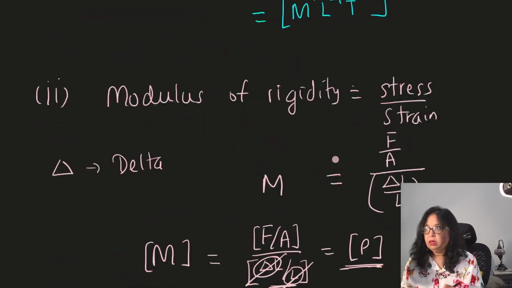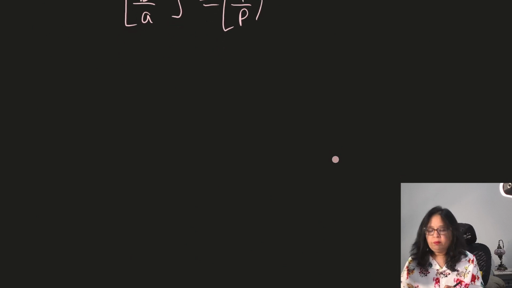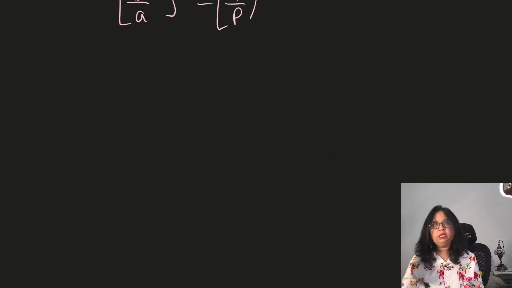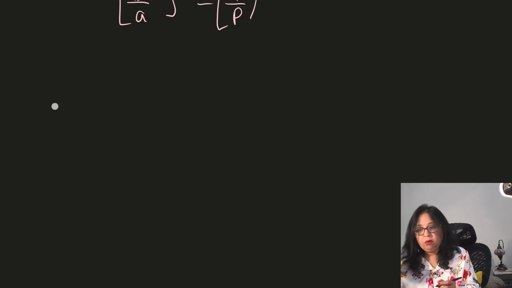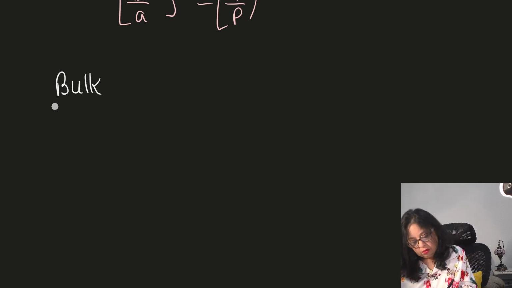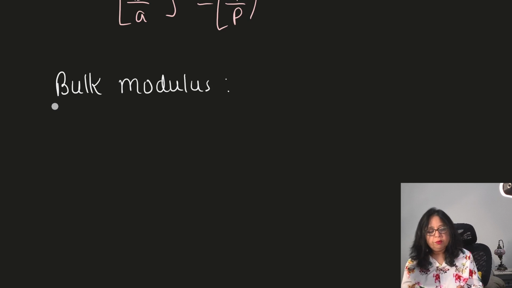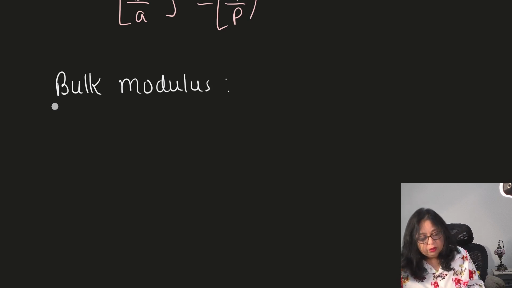I understand that you have probably not seen what the modulus of rigidity is, or what I'm about to talk about, bulk modulus. But don't worry, we'll work on all these things when we get to properties of matter, which won't be too long from now. Bulk modulus is the resistance of a substance to bulk compression.